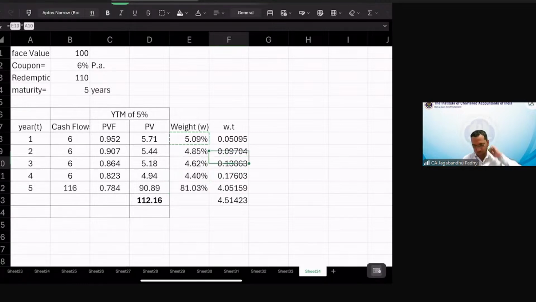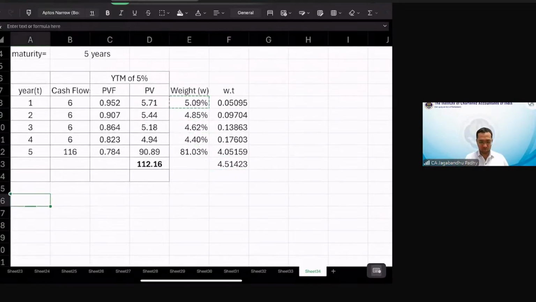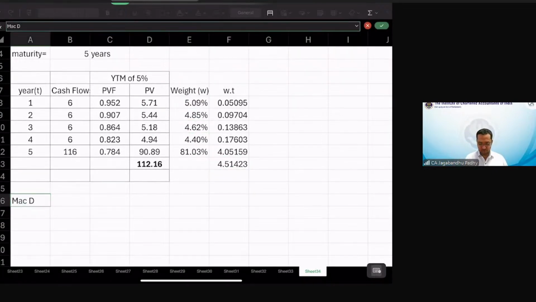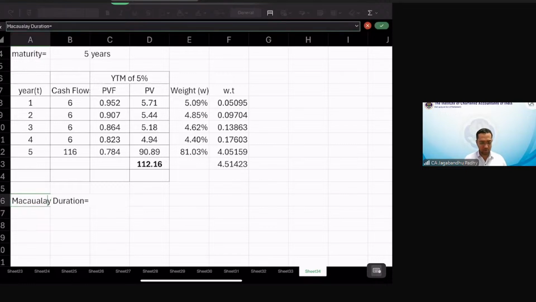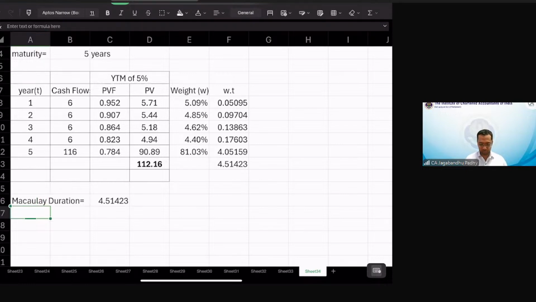So we have already got the Macaulay duration and modified duration in this question, right? Macaulay duration was this 4.51423, and we had the modified duration also calculated.